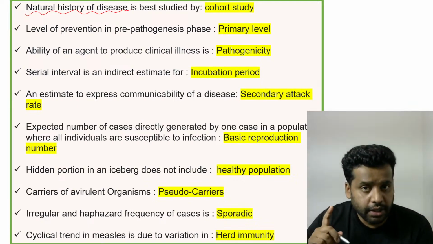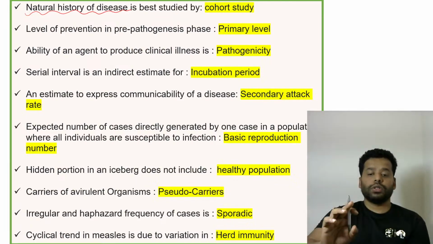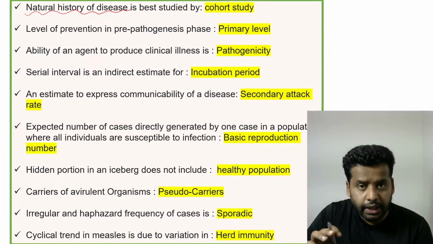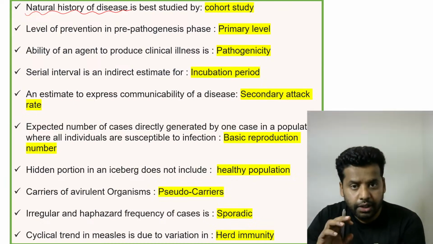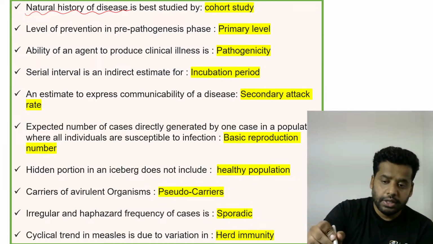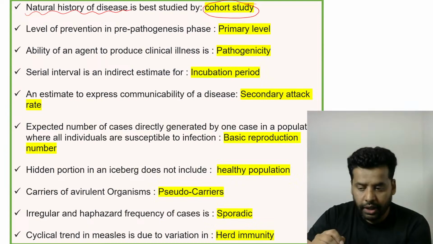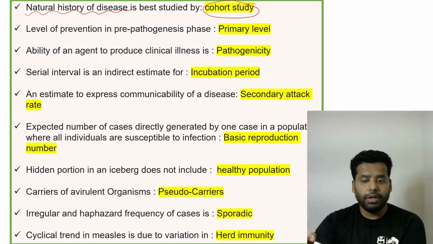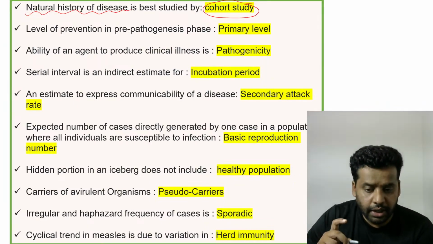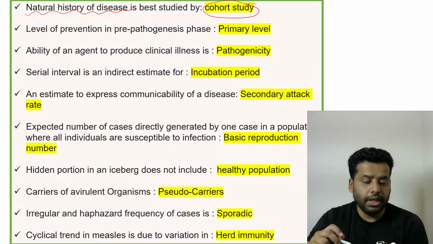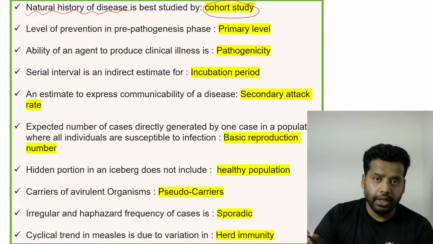That is natural history, means course of a disease without any intervention. Studied by using cohort study. If cohort is not in the option, you can mark longitudinal study.